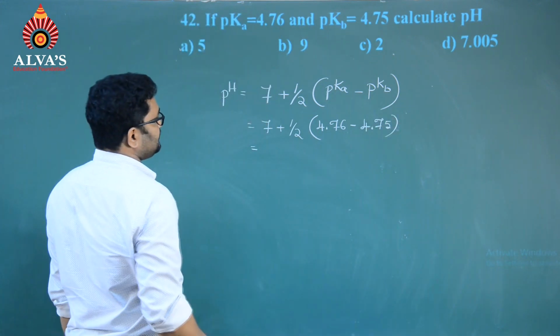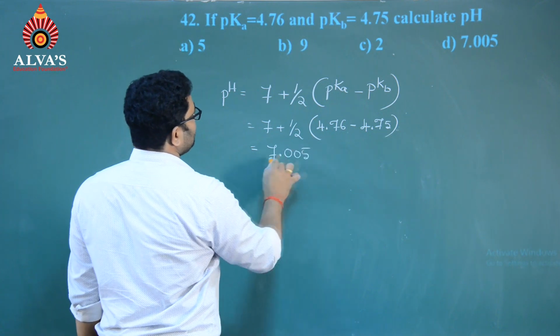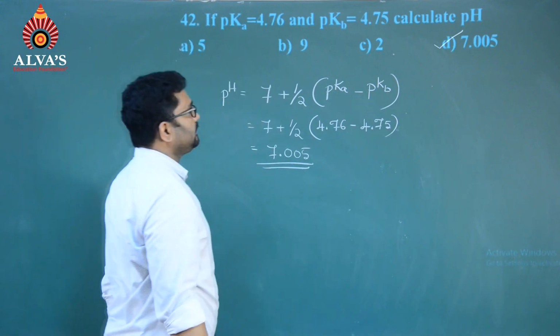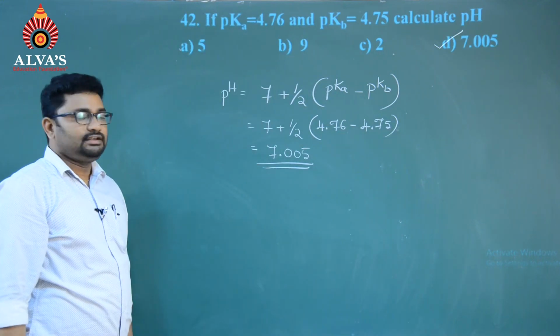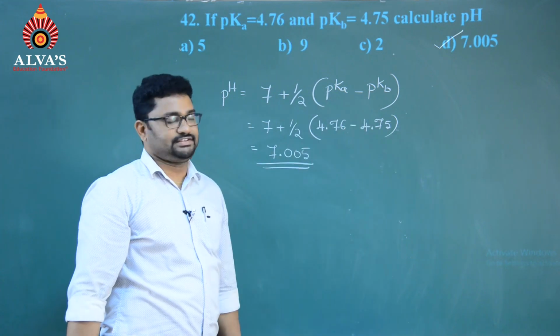After simplification, the value is 7.005. This is D. Okay, this is for salts of weak acid and weak base.